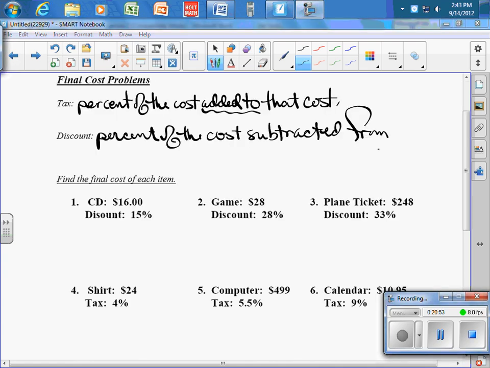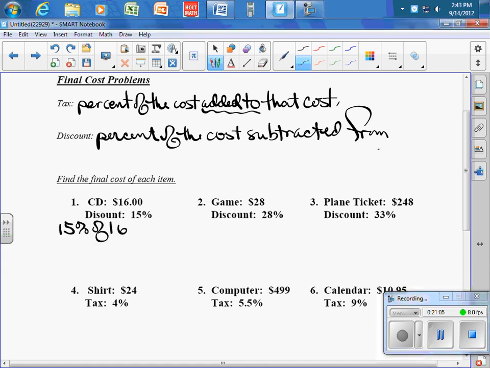Now, I'm going to show you two ways to solve a final cost problem. The first way is to figure out 15% of $16, and then because it's a discount, we'll subtract it from. Well, 15% of 16 would be computed by moving the decimal point in our percent 2 places to the left.